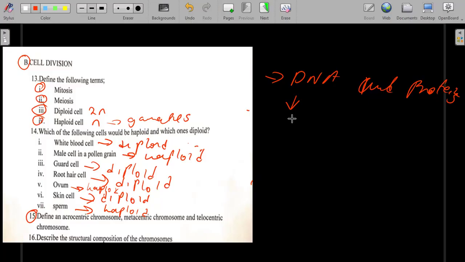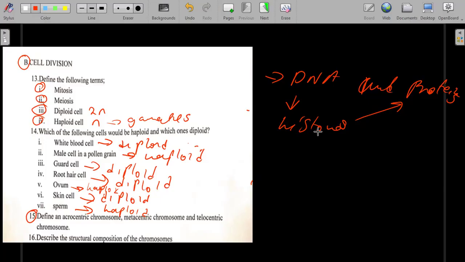Then this DNA is going to be packed in what we call histones, which are proteins. So this DNA is coiled and packed properly in the histones.